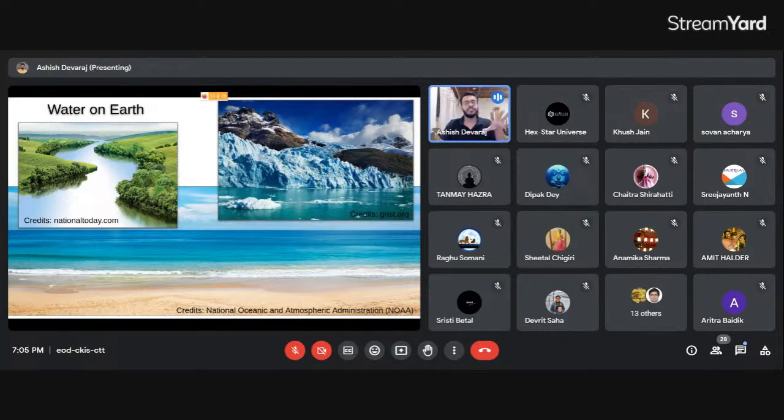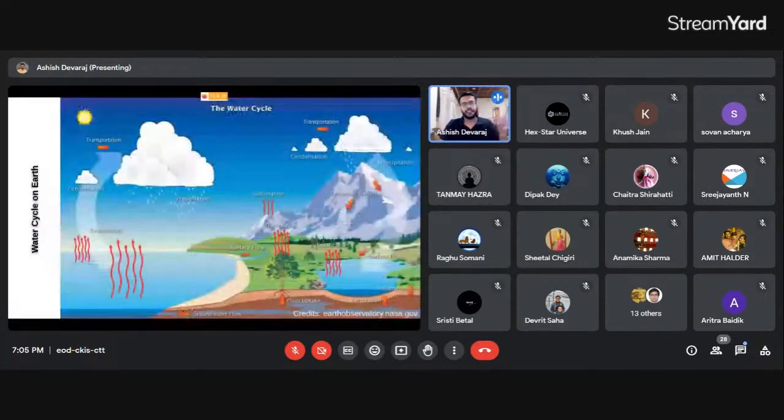This is very familiar, and we all know about the water cycle which happens on Earth, right? The sun heats up the ocean and evaporation happens, and that forms the clouds. Then clouds move into colder regions, and precipitation happens. Then that is formed as ice in the form of glaciers. It is collected in ponds and rivers, and water flows back to the ocean, and then this cycle continues.